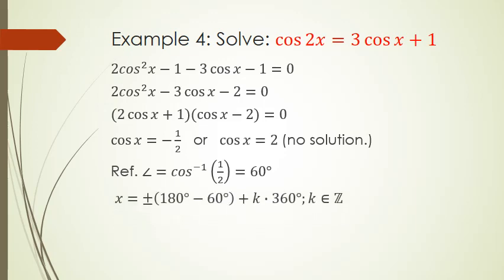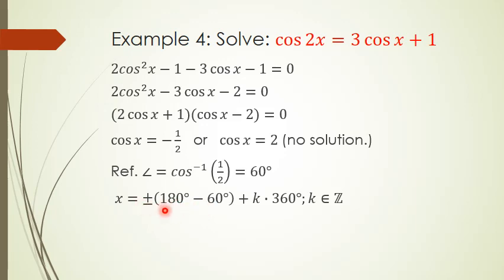So our solution, x equal to, remembering that the cosine function is an even function, so there is no need to take the other solution which is in the third quadrant. We just use one solution and put plus or minus because it's an even function. This will cover the solution which is in the third quadrant.